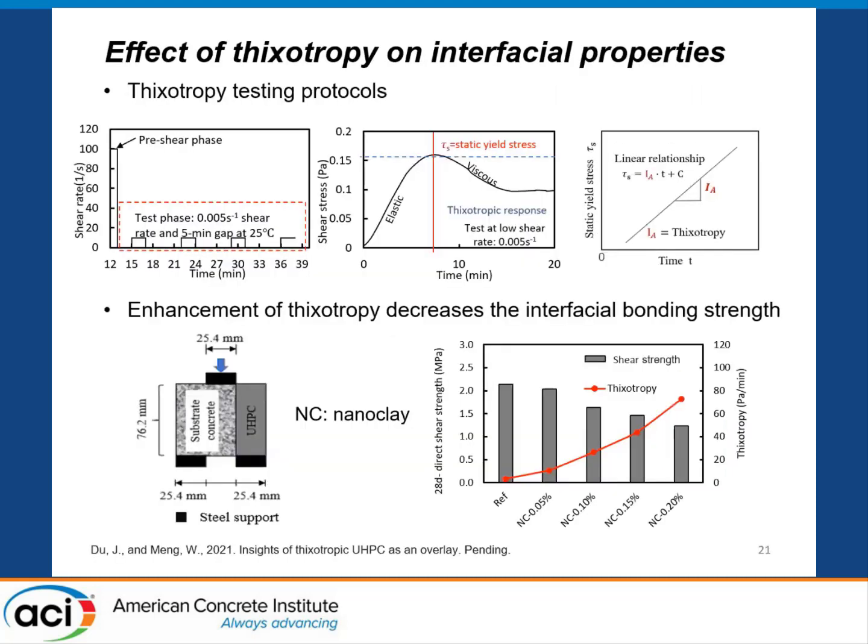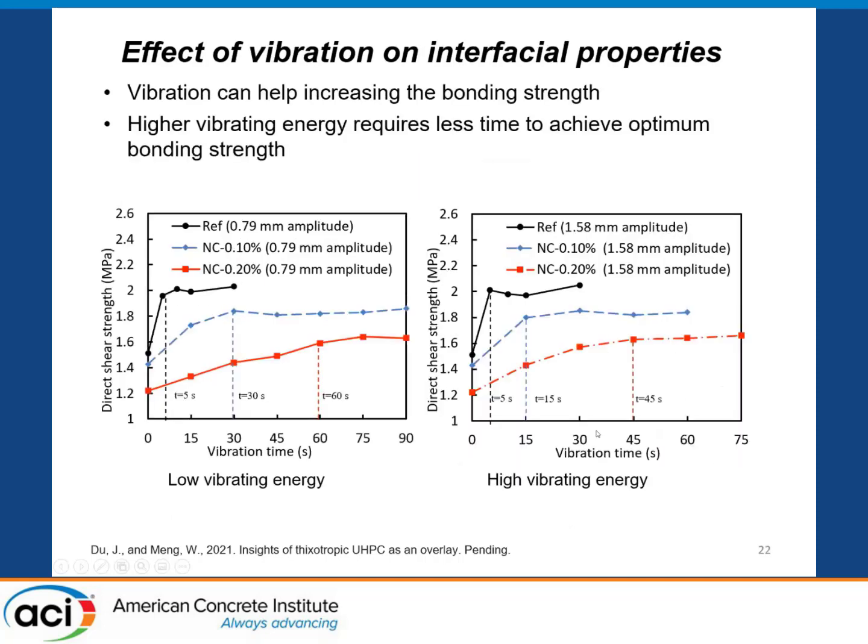However, if you take the thixotropy as the slope of the linear relationship between the static yield stress and time, you will find that the bond strength between the UHPC and the substrate decreases with the increase of thixotropy. One thing we can do is to apply some vibration. Vibration can increase the bonding strength.